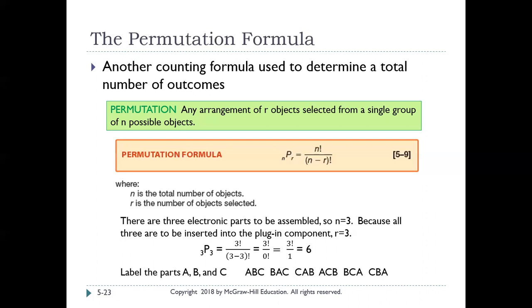This is just going to be 3 times 2 times 1. So you can actually see how if you have 8 times 7 times and so on down to 3 times 2 times 1 on the top, and on the bottom you have 3 times 2 times 1, you can just cross out the 3s, cross out the 2s, and cross out the 1s. That's why I like to write it out like that, because then we can very easily just cross it out.